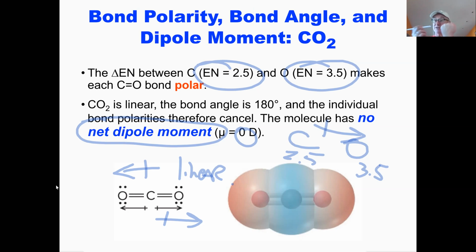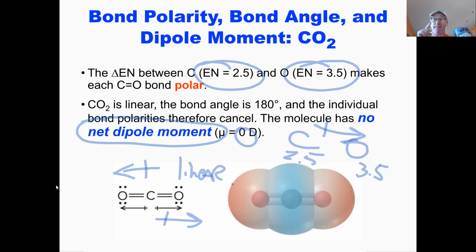But since they're pointing in opposite directions, we cancel them out. And so we say the molecule has no net dipole moment. Each bond has a dipole moment, yes, but the molecule itself does not, because they cancel each other out. Anybody have any questions about how we know whether to cancel them out or add them together? Is that clear to everybody? Why we do that?